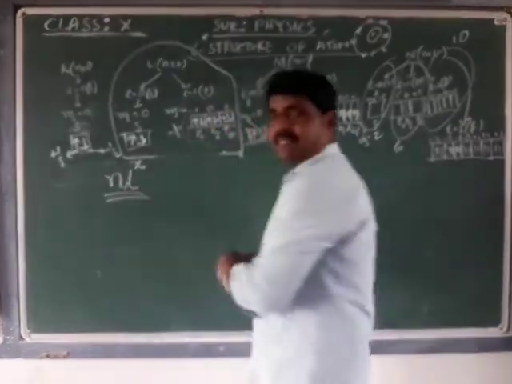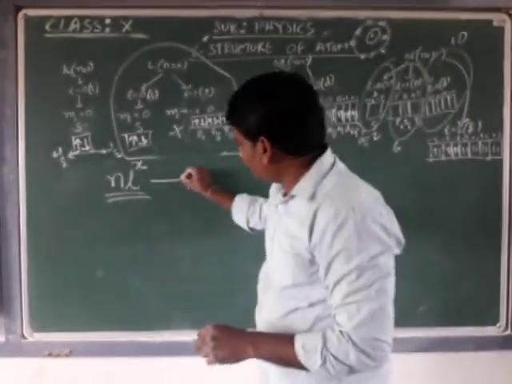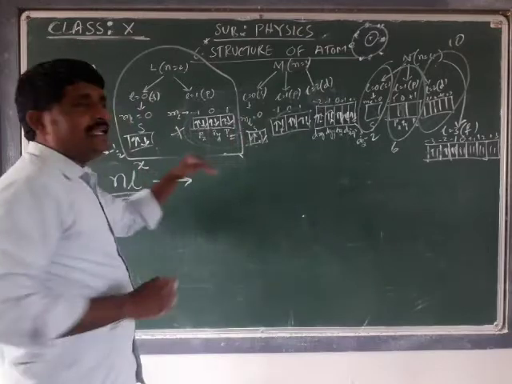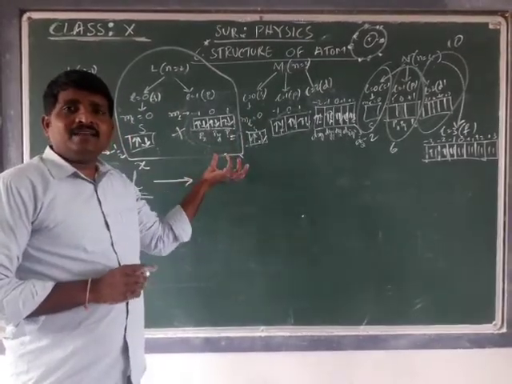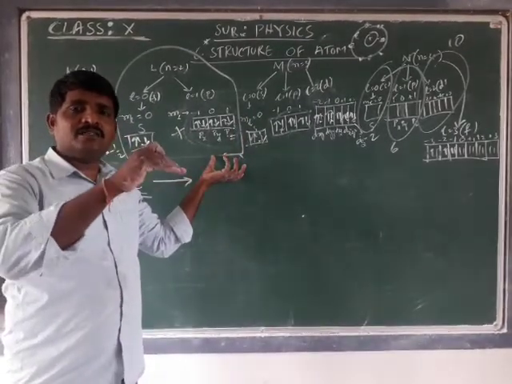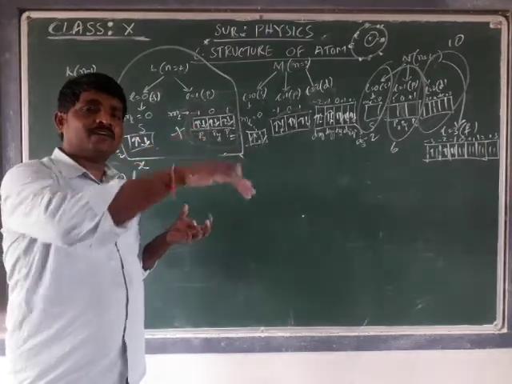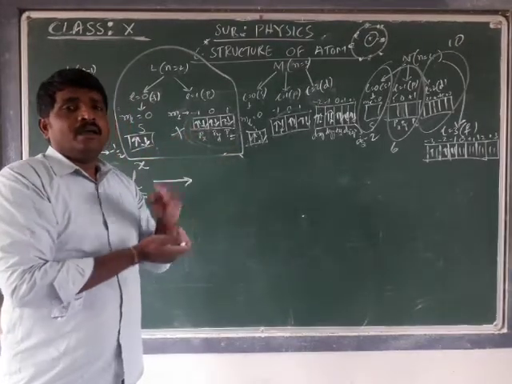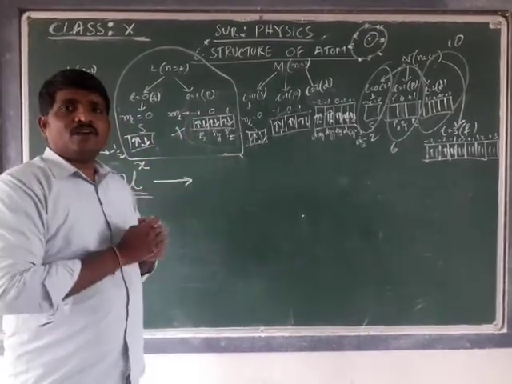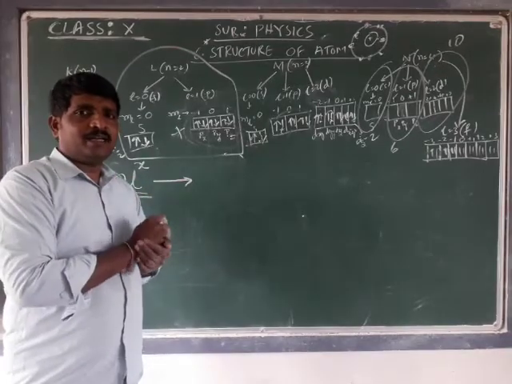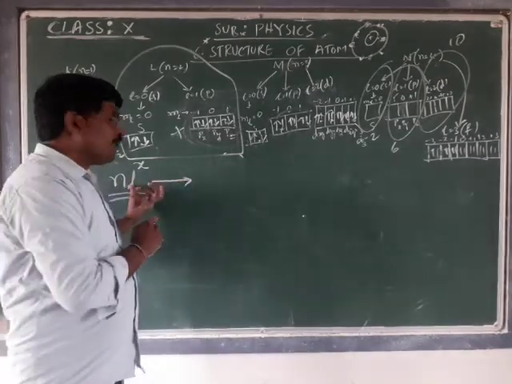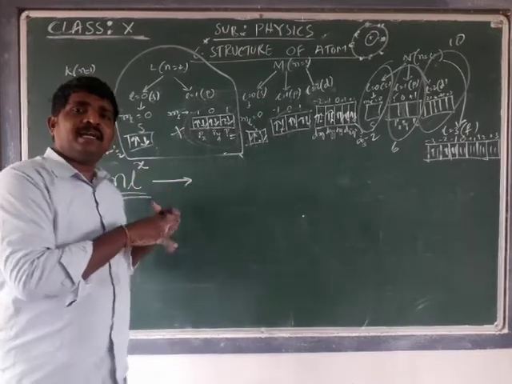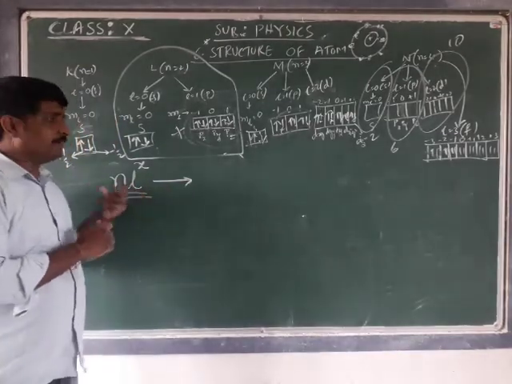Now, what is the NLX method? The filling of electrons in an atom is done by the electron configuration, and that electron configuration is represented by the method of NLX. What does it mean?